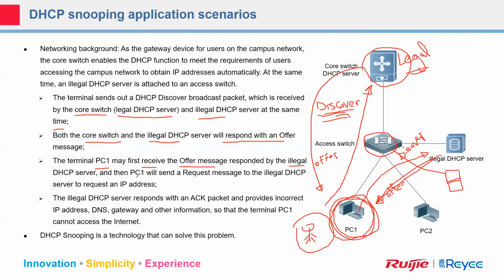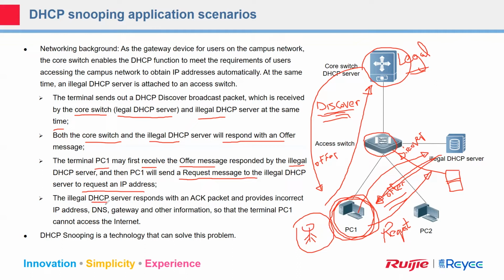And then PC1 will send a request message to that illegal DHCP server to request an IP address. So the illegal server offered him an IP address, and then he said, please, I'm requesting an IP address. Can you please give me an IP address so I can go to the internet?